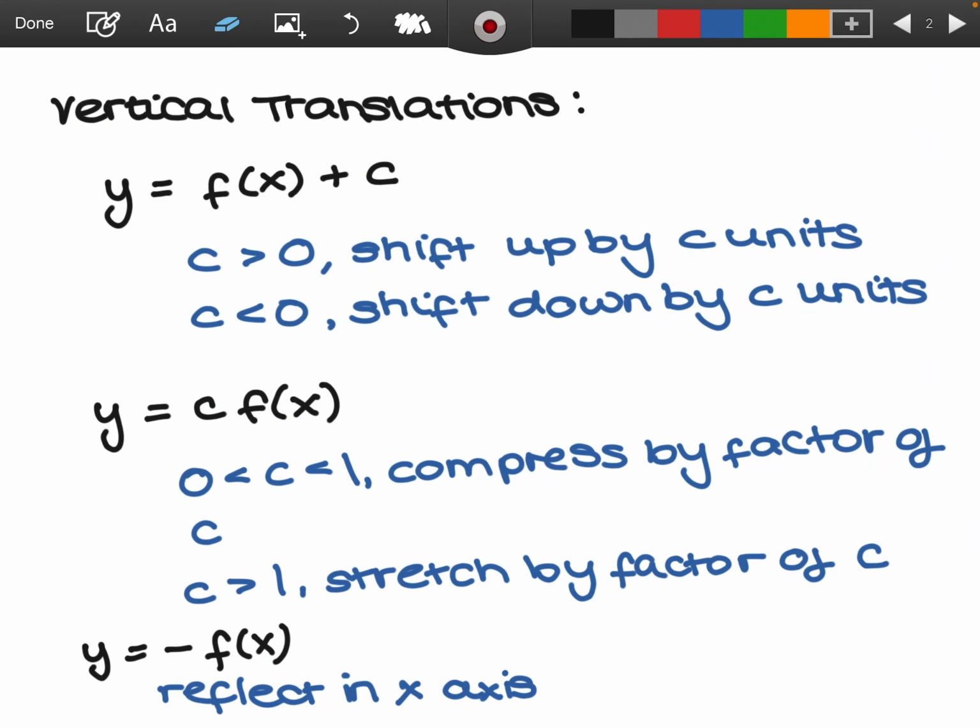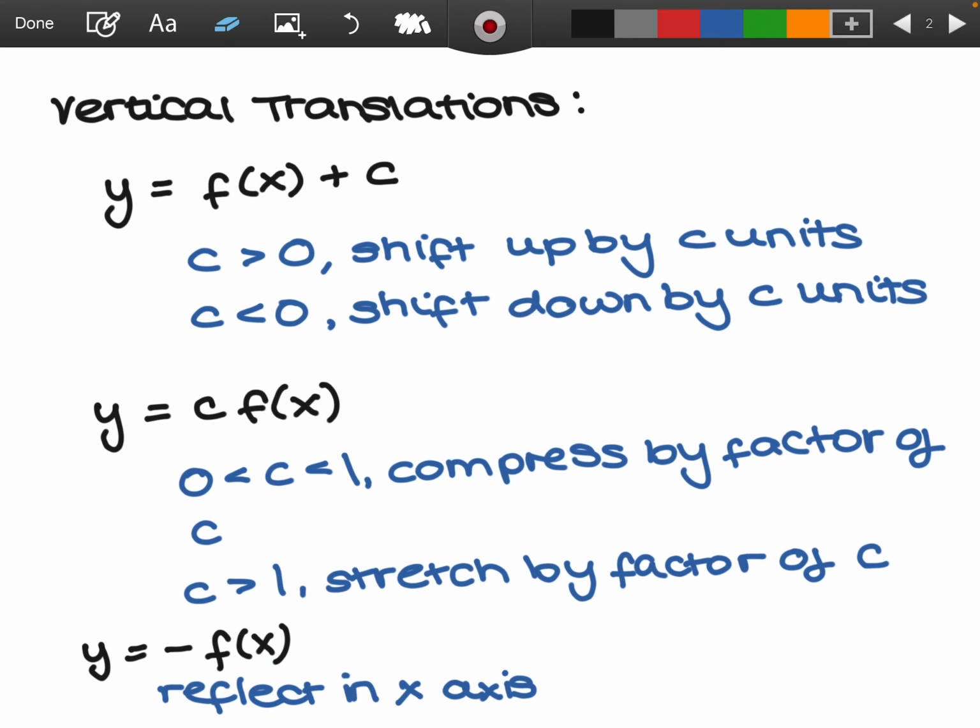So if you had 2x squared, you would be stretching that graph by a factor of 2. If c is between 0 and 1, then you're going to compress it by that factor. Let's say if you have 1/2 x squared, you would be compressing it by a factor of a half. So you would be shrinking everything down by a factor of a half.